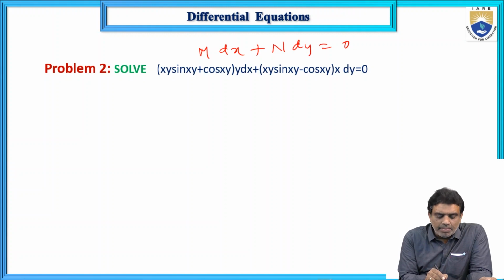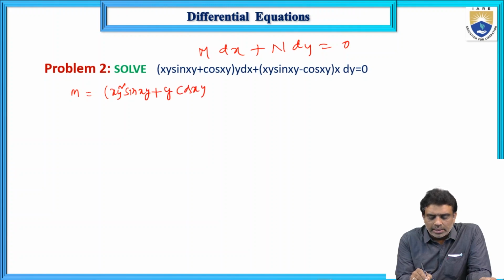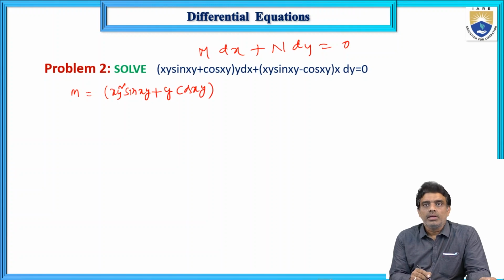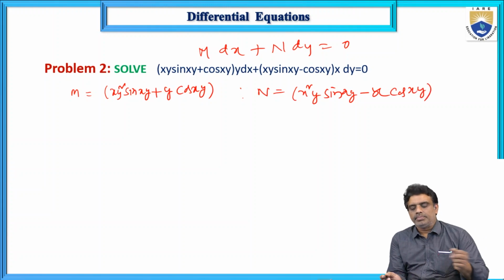So what is M here? M is equal to xy square sin xy plus y into cos xy. Then what is N here? N dy. That means x square y sin xy minus x into cos xy. So this is the N term.